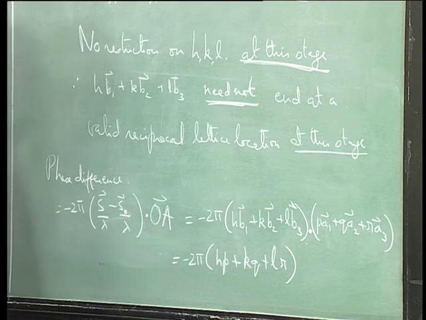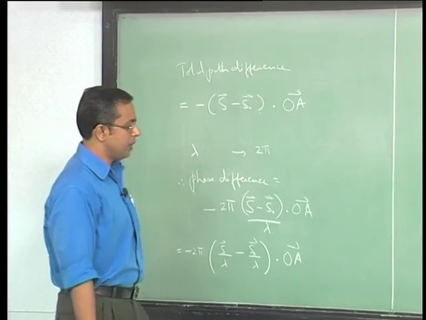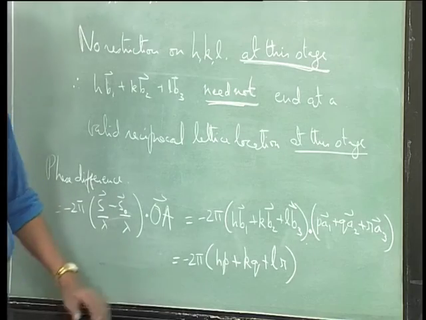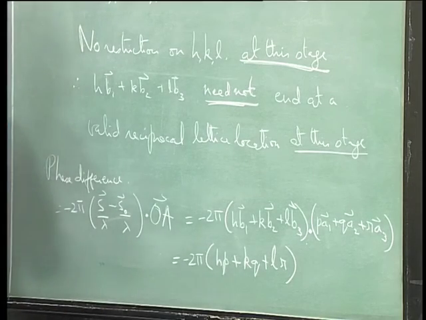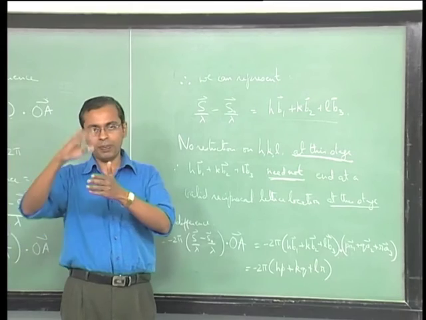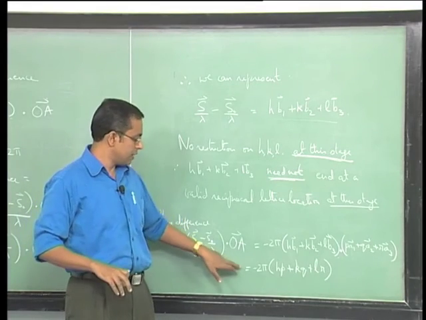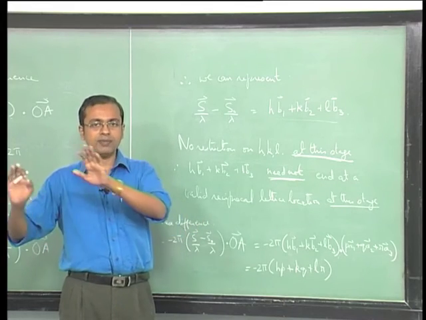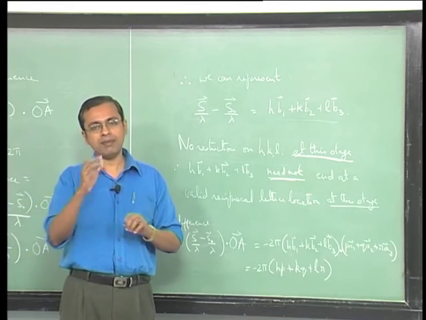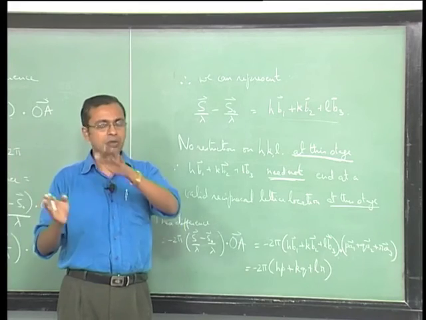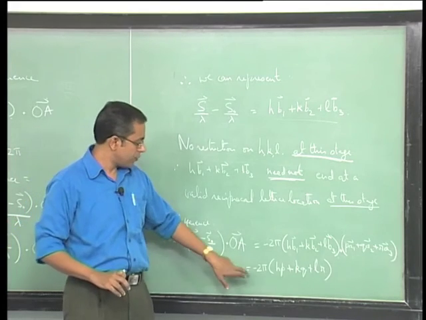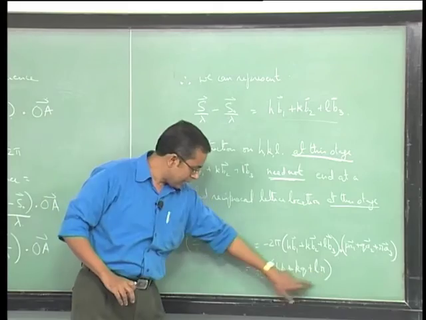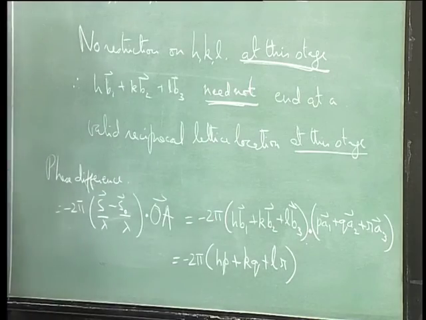For constructive interference, this phase difference should be an integral multiple of 2 pi, okay. When we say integral multiple of wavelength, a wavelength is 2 pi in terms of phase. So if this becomes an integral multiple of 2 pi, we have constructive interference, because that means the two waves are exactly in phase, okay. So one may have travelled several additional wavelengths, but at the end of it all they are both exactly in phase. So for constructive interference, this complete quantity here should be an integral multiple of 2 pi.